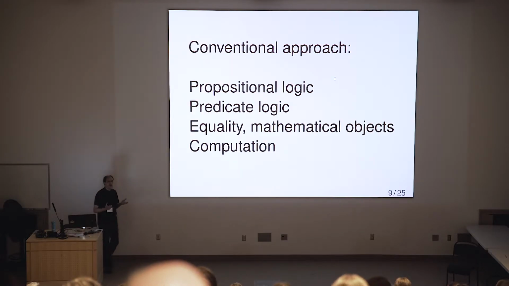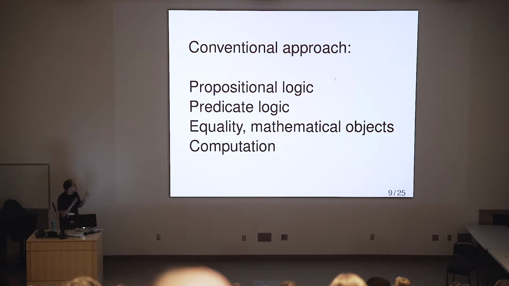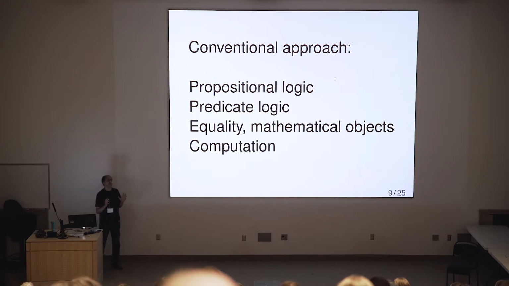So what goes wrong? Let's take a look at a conventional approach. This is the outline for our course. And to be honest, the course that I run using Proust does more or less the same thing, but in a different fashion. We start with propositional logic, which is made up of variables plus the logical connectives: implication, if then, and, or, and not.